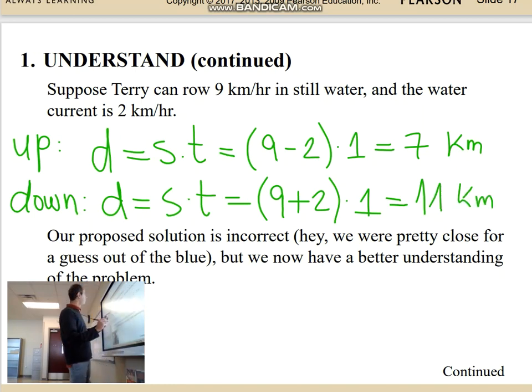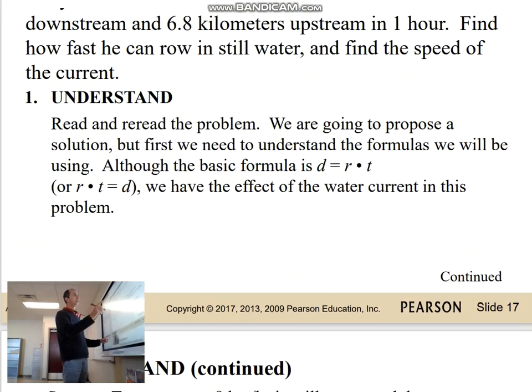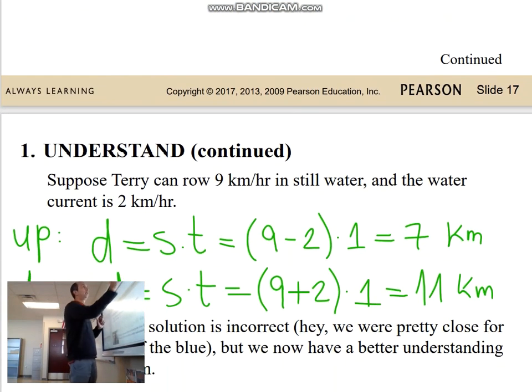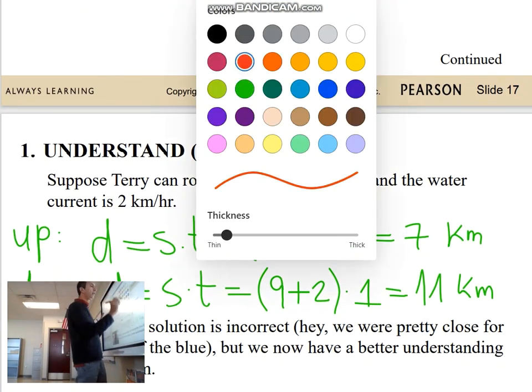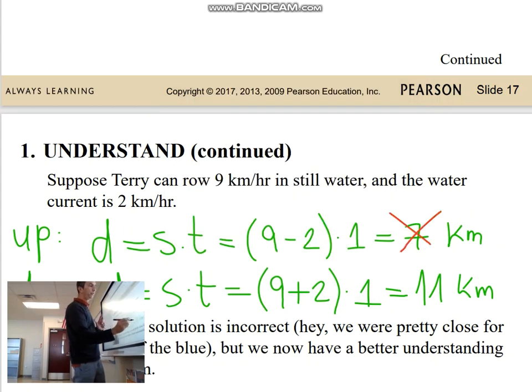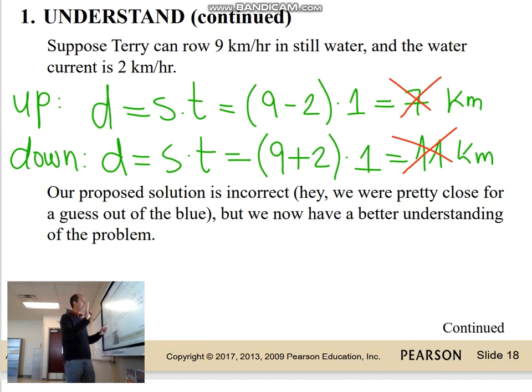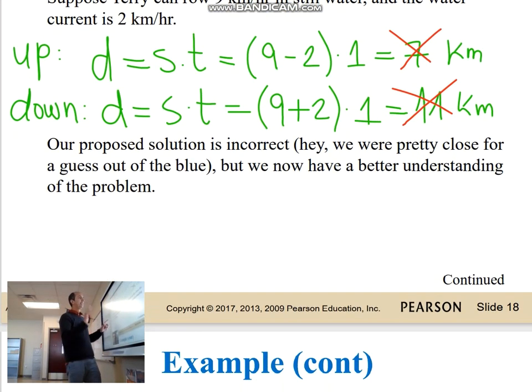But this is wrong, right? Have a look. This is going to be wrong because the right numbers are 10.6 and 6.8. So we can say yes, they are kind of close. They are not far from the numbers that we're looking for, but they're wrong. It's not yet the right answer.